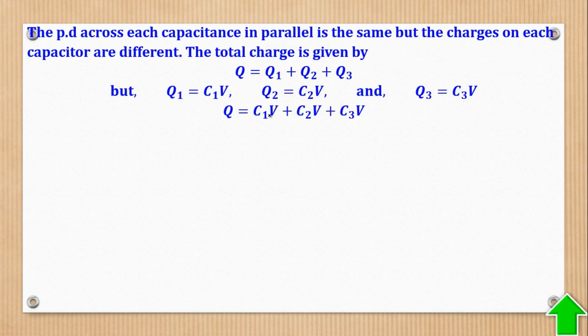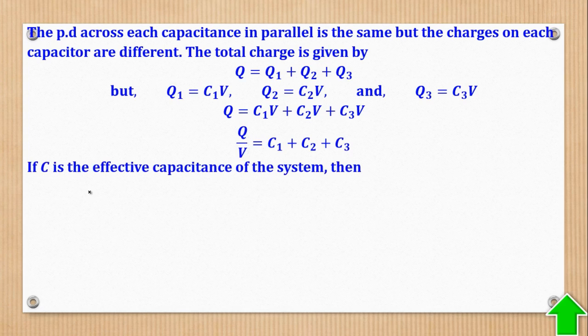Here I realize that V is common, so I'll pull it out and divide throughout by V to come up with Q over V equal to C1 plus C2 plus C3. Then if C is the effective capacitance, effective meaning total, it implies that C is equal to Q over V. When I replace Q over V with C, I come up with C equal to C1 plus C2 plus C3.